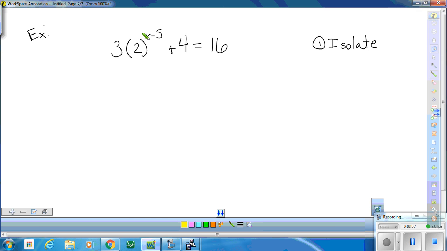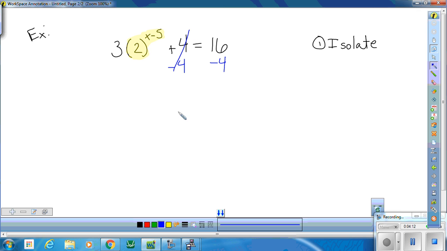I'm looking at the variable that's in the exponent, and what is being taken to that exponent. This is what I want to isolate. In order to isolate that, first I'm going to have to subtract 4 from both sides, because that gets rid of that. So now I have 3 times 2 to the x minus 5 is equal to 12. And I'm still trying to isolate this, so I have to get rid of that 3.